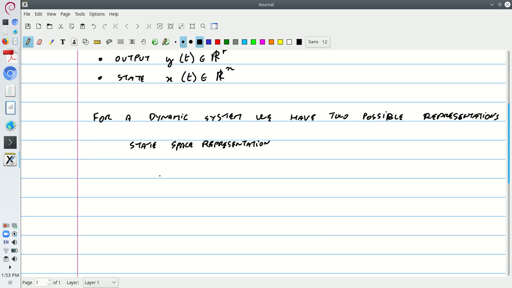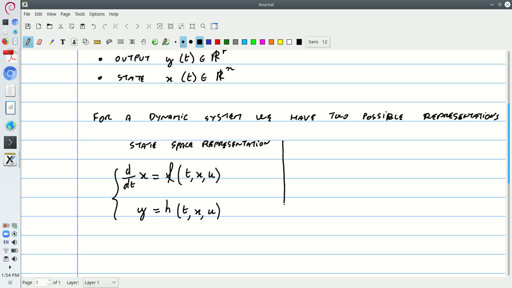We have the derivative with respect to time of x, which is given by a function f that can depend on the time t, on the state x at time t, and on the input u at time t. And the output is given by another function h that depends on t, x, and u. Don't worry, we are going to see an example of what we mean by state space representation.